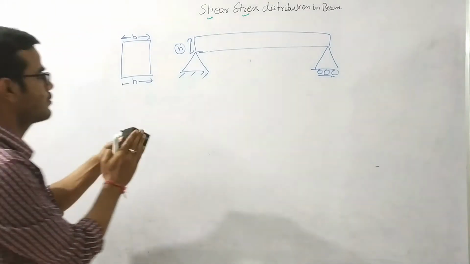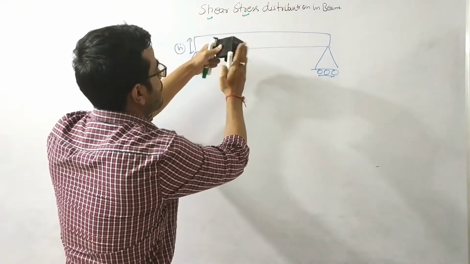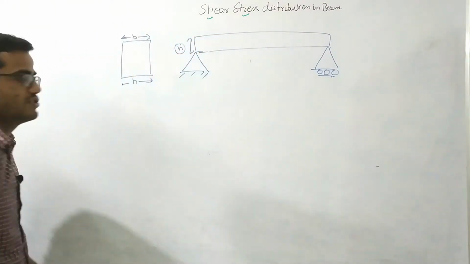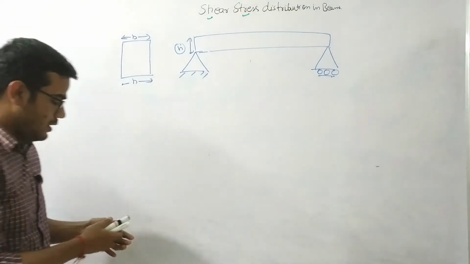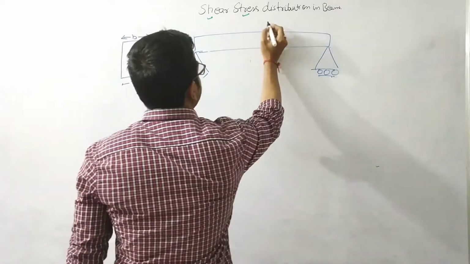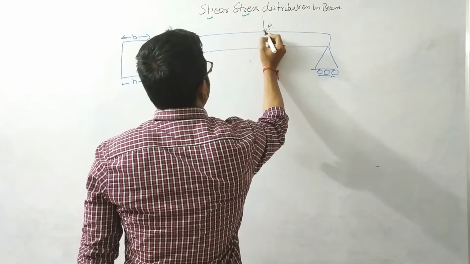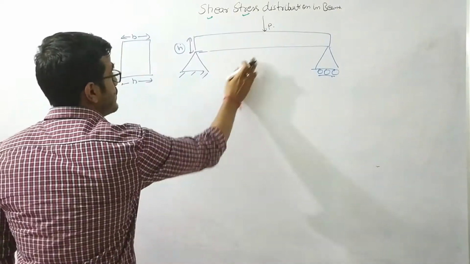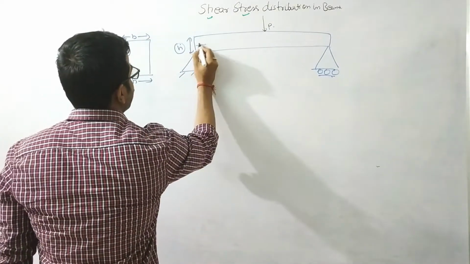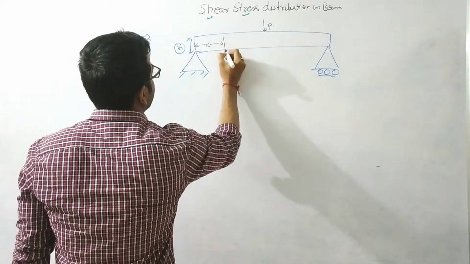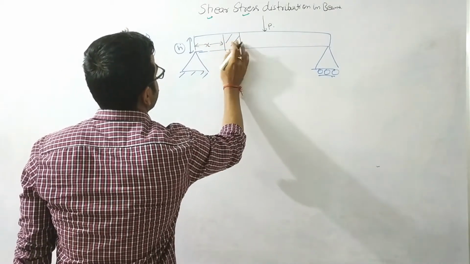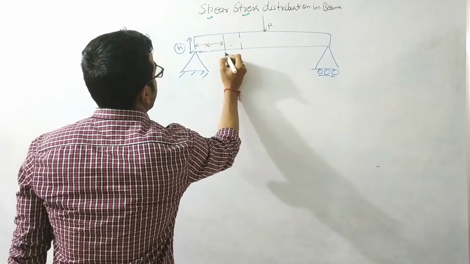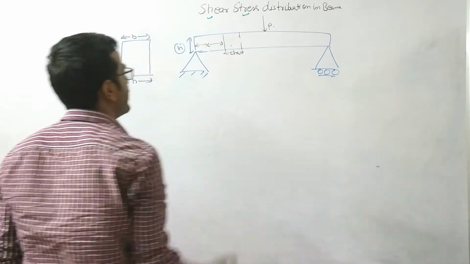This is the cross section I'm talking about. If I apply the load P at the center point, then at a distance of x, I'm considering one element dx.